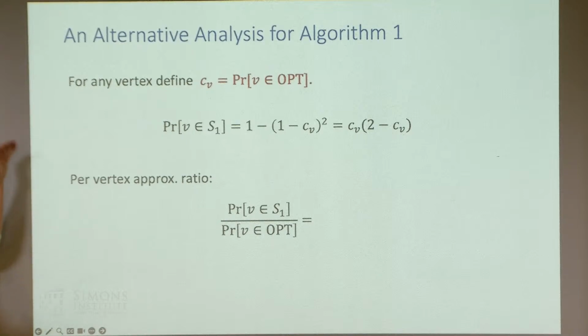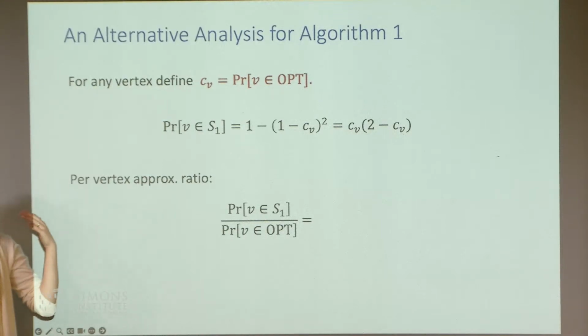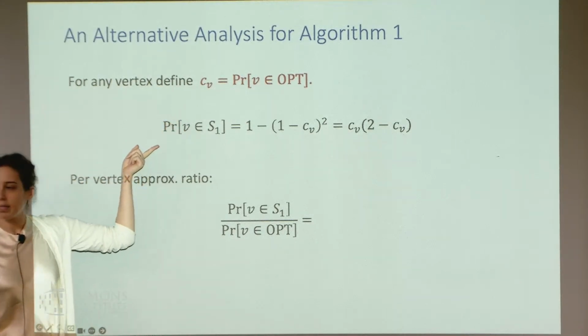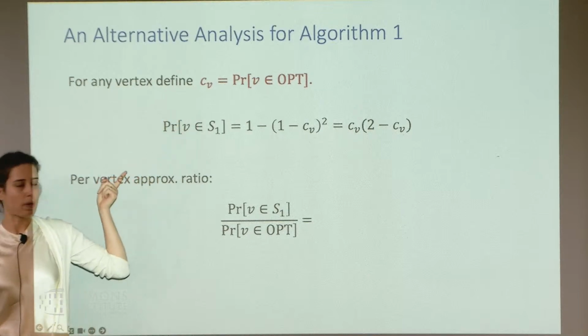Now having that, I will have an alternative per vertex analysis of this approximation ratio, which is, for any vertex, I'll define CV to be the probability that this vertex is in the optimal solution. Okay, what's the optimal solution? Again, just minimum vertex cover of G star. We want to compare that with the probability that this vertex is outputted by this algorithm.